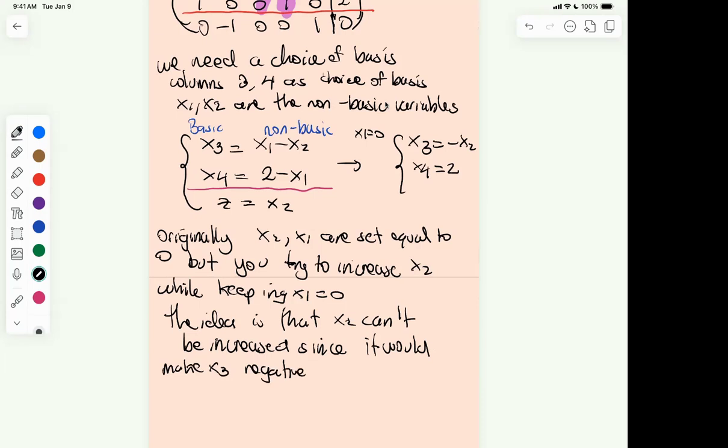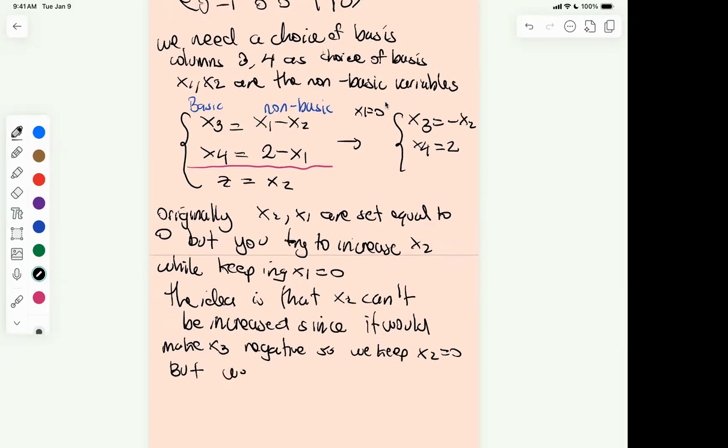So we keep x2 equal to 0, but, and this is the important thing, we change our minds on which of the two variables is basic. We still think of x2 as becoming a basic variable while x3 becomes non-basic, but we turn it into a basic variable.